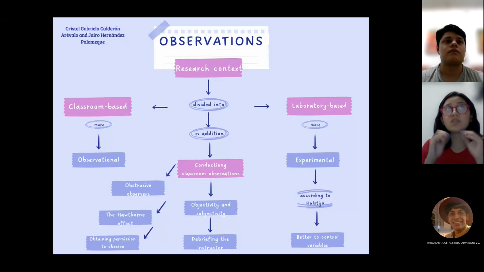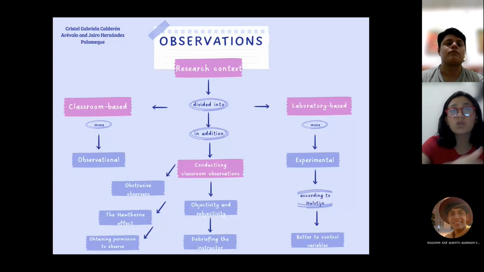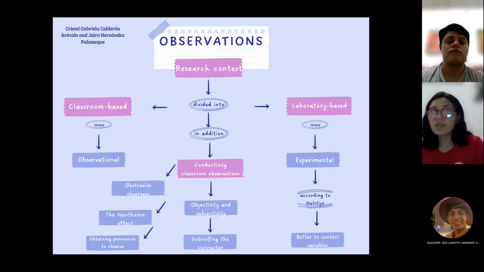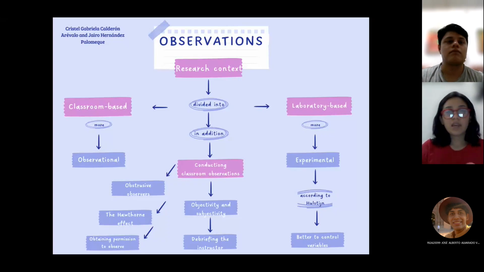You need to specify to the mayor or to the instructor what the purpose of your research is. And then debriefing the instructor. Well, you give them results or you can ask him or her if the group is always like that, if their behavior is with that frequency, or if it is not, and something like that.